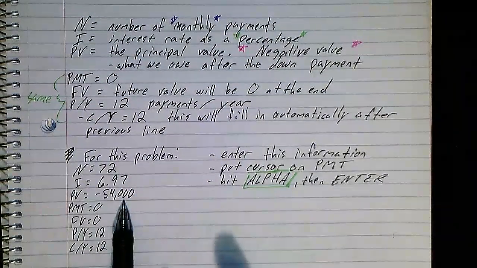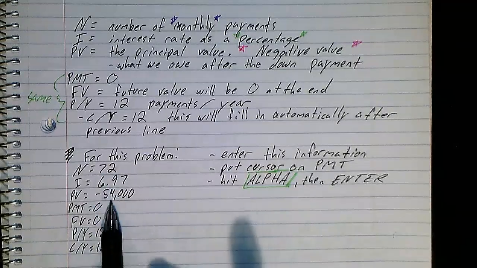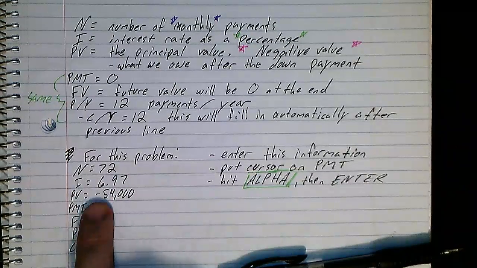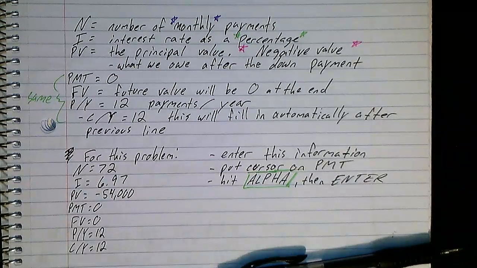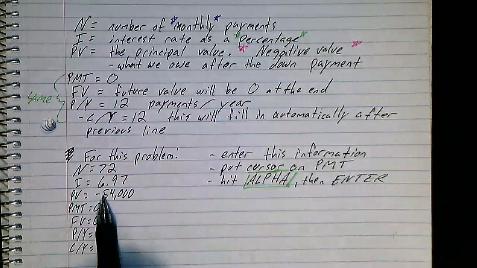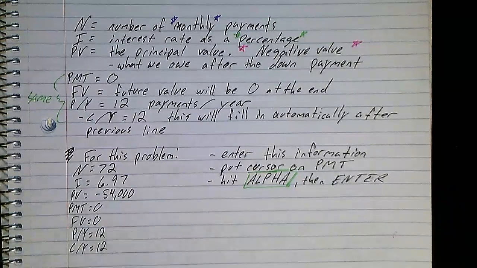So the PV is $74,400 minus $20,000, but again, that needs to have a negative sign in front. If you use the minus sign, you will get an error message. So the PV, principal value, is the cost minus the down payment with a negative sign in front.